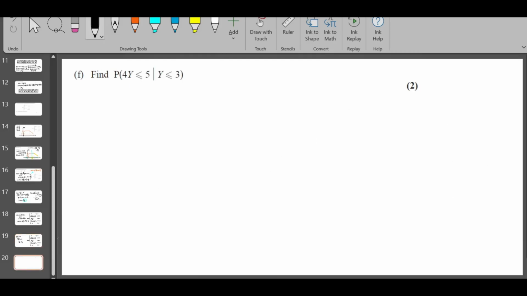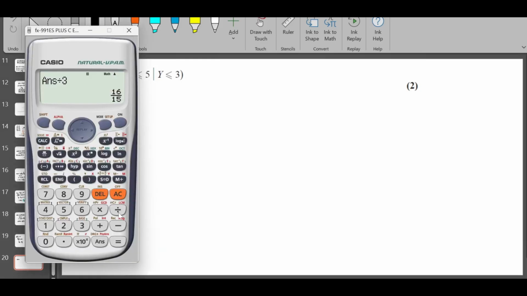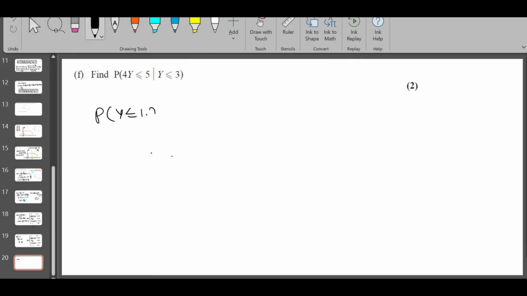Now the next one is a conditional probability. I'm going to write it as P of y is less than or equal to 5 over 4, 5 over 4 is 1.25, given y is less than or equal to 3. So use the formula for conditional probability.